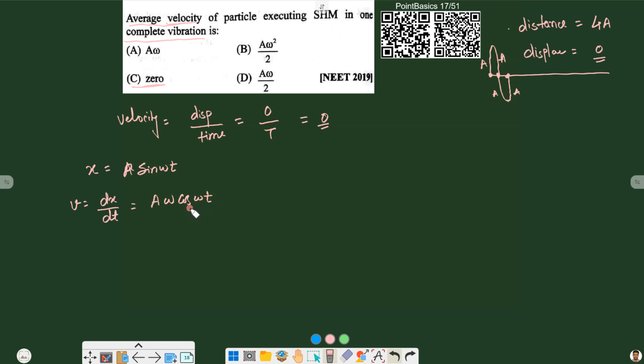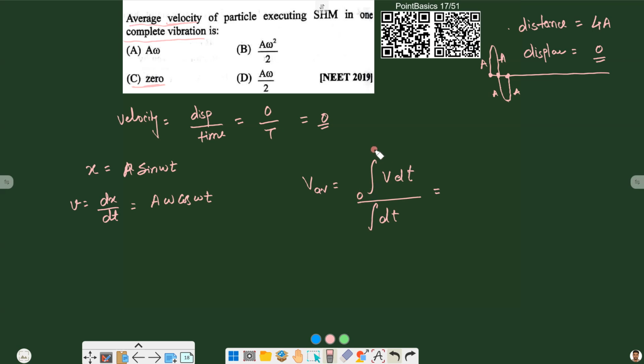Now we have to find average velocity. So the average of any value which is dependent on time can be written as: v average will be integral of v dt divided by integral of dt, and the limits will be the time period which we are using.